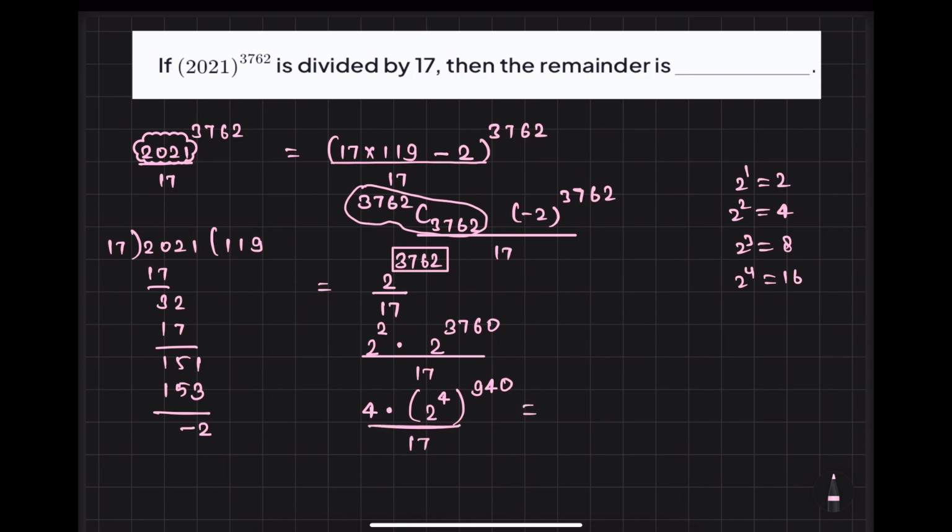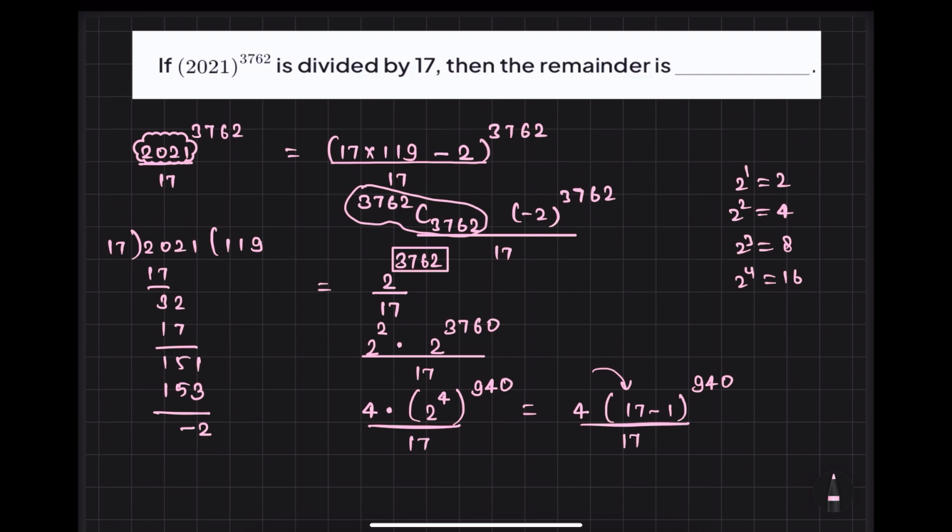So 2 power 4 is 16, right? So can I write 16 as 17 minus 1 power 940 by 17, correct or wrong? Now we will expand this bracket. The element in which 17 will be there is divisible by the denominator 17, so it will be present in all the elements except the last.